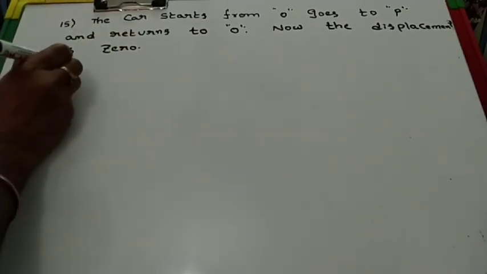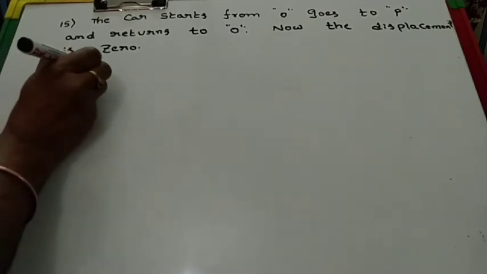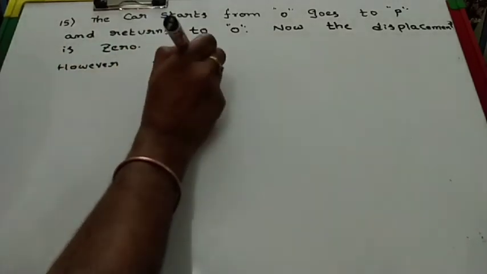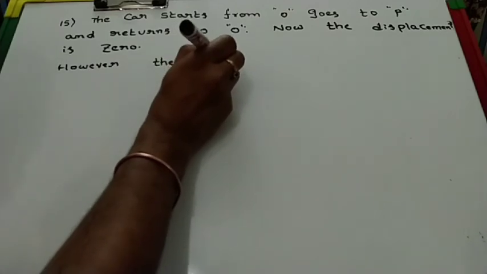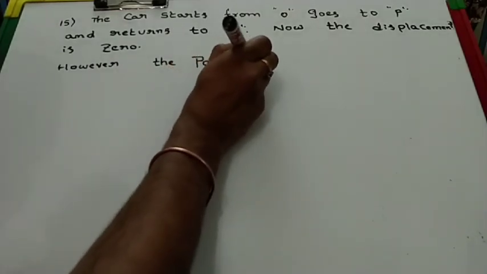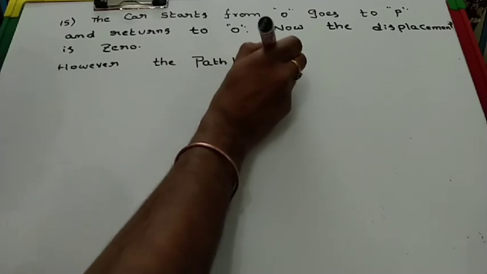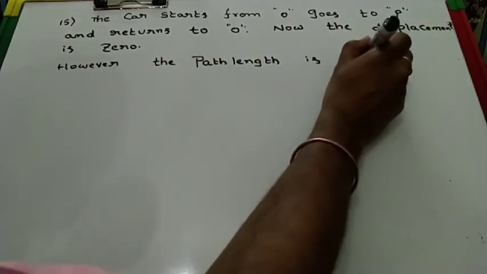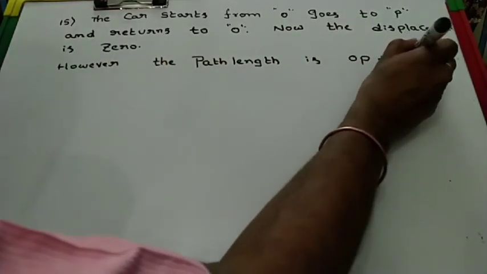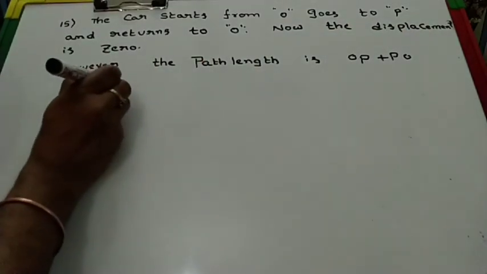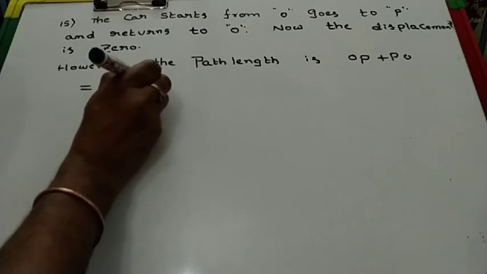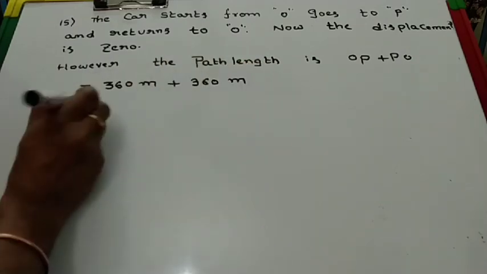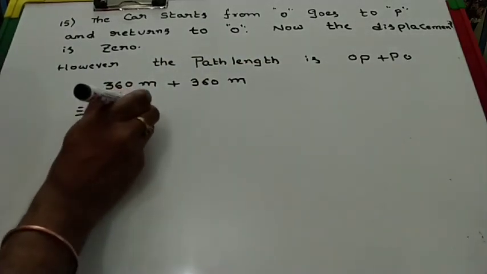However, the path length is OP plus PO, that is equal to 360 meters plus 360 meters, that is equal to 720 meters.